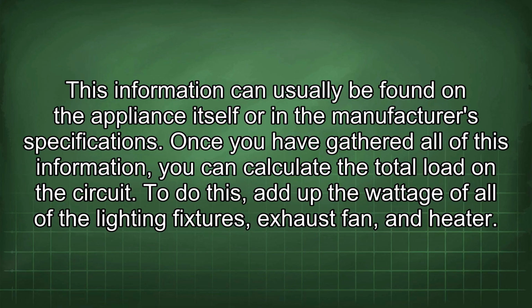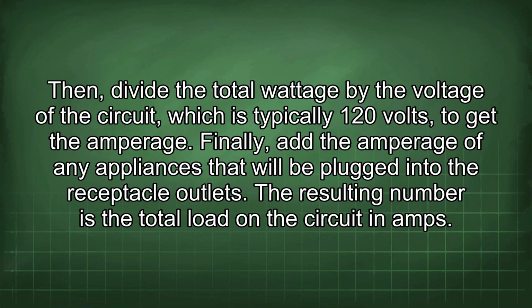Once you have gathered all of this information, you can calculate the total load on the circuit. To do this, add up the wattage of all of the lighting fixtures, exhaust fan, and heater. Then, divide the total wattage by the voltage of the circuit, which is typically 120 volts, to get the amperage. Finally, add the amperage of any appliances that will be plugged into the receptacle outlets.